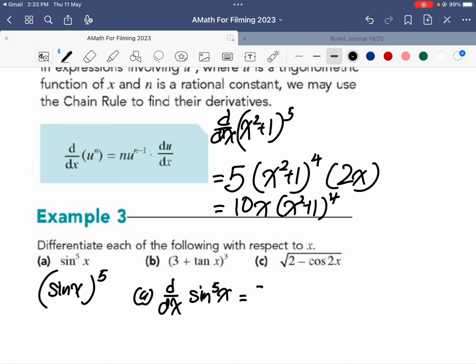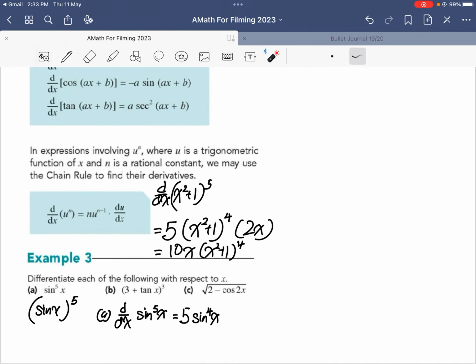The power will be brought down and you multiply it to the term, so it's sine of x. The power, you minus 1. 5 minus 1 gives you 4. Then you differentiate inside the bracket. What I have inside here is x. You differentiate, it is 1. So this is my final term for A when you differentiate sine x to the power of 5.